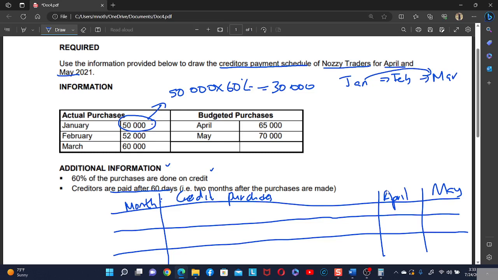So here we are doing for April and May. Therefore we cancel January. Now we move to February.